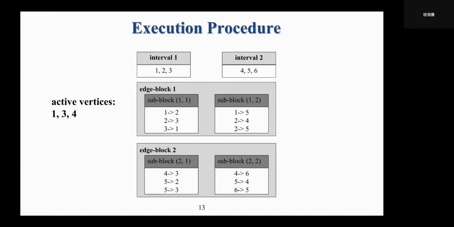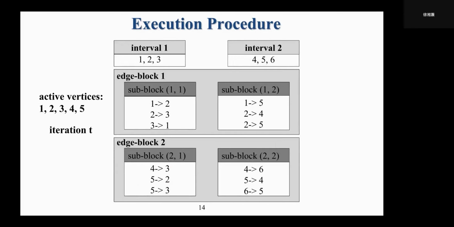After all subblocks are processed, some vertices are activated again and their edges are already loaded into memory, such as vertex 1 and 3 and their edges. Therefore, GraphSD can directly update the neighbors' values of vertex 1 and 3 in the next iteration in advance, and GraphSD does not need to load these edges in the next iteration.